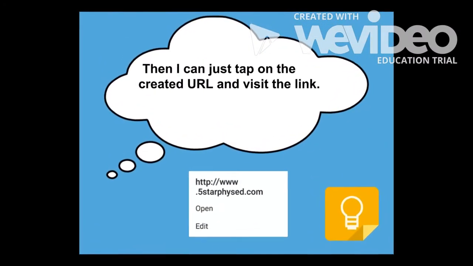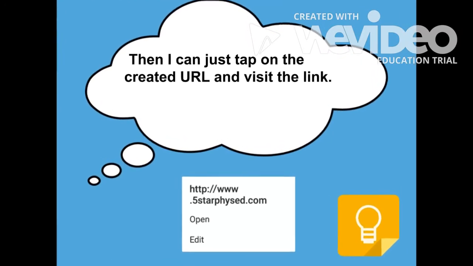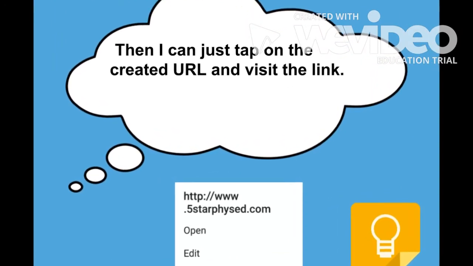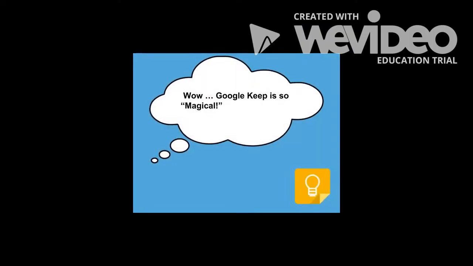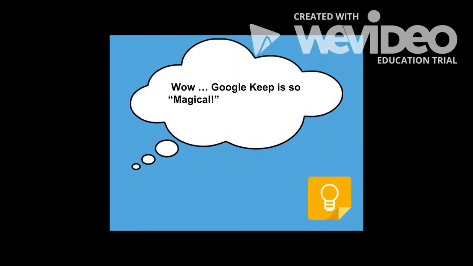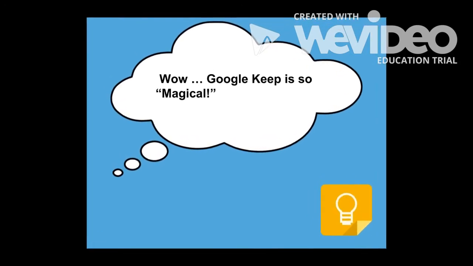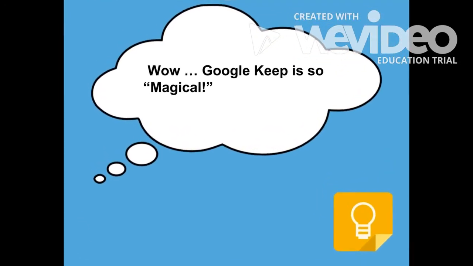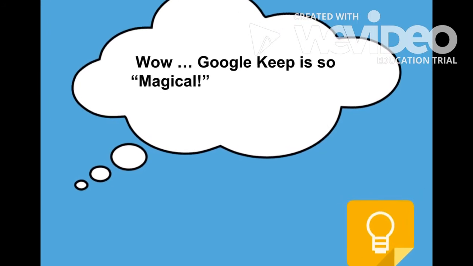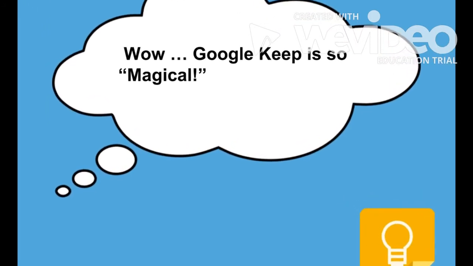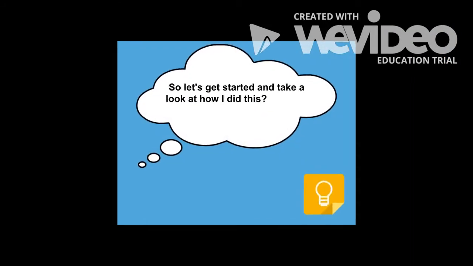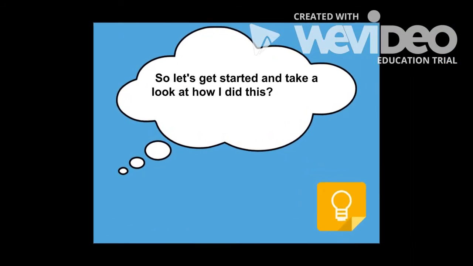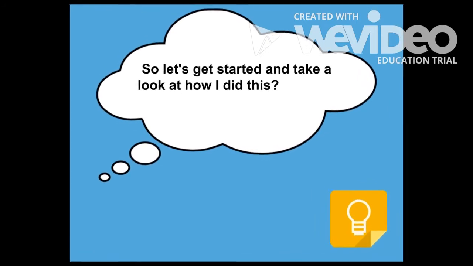Then I can just tap on the created URL and visit the link. Wow, Google Keep is so magical. So let's get started and take a look at how I did this.